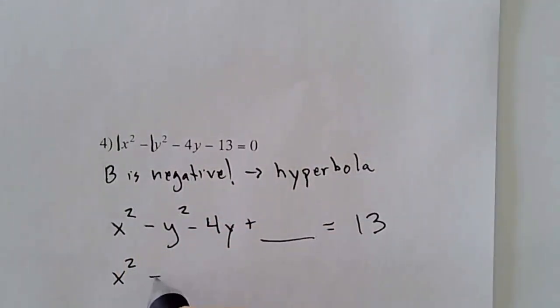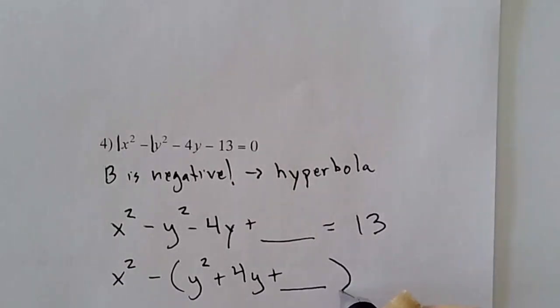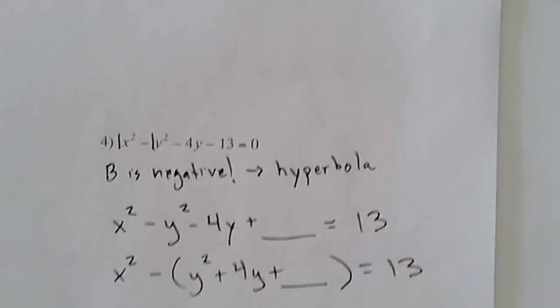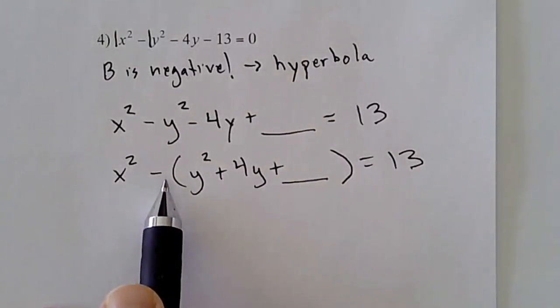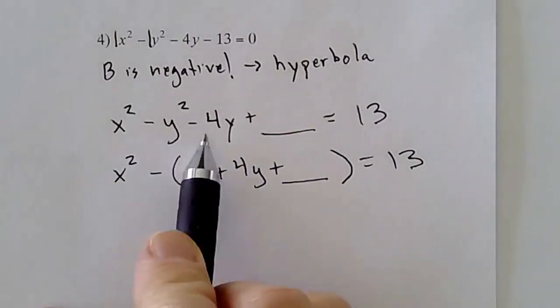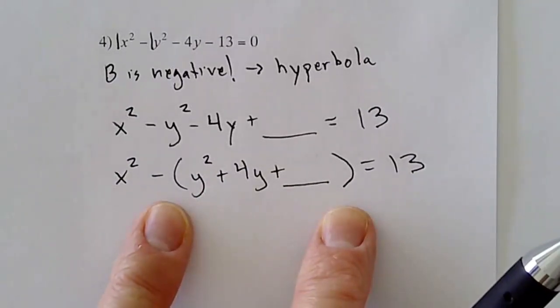I'm going to take that negative out, and make that into y squared plus 4y, and then plus something that's going to go there, equals 13. There we go, so you can see it. You see what I just did? I factored out a negative from the y and from the 4y. You can do that so long as you identify what you're factoring out from.